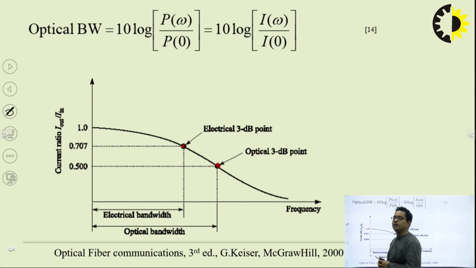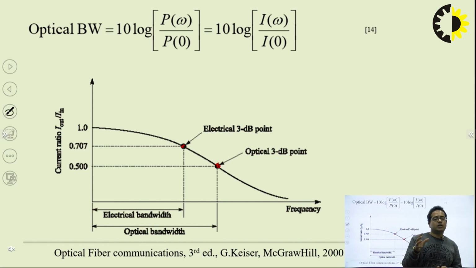Apart from that, the LED has a spectral width in the range of around 60 to 80 nanometers, whereas the laser has a spectral width of around 1 to 5 nanometers. That means it has a very narrow spectral width, which is very good if you are deciding whether this falls under the category of a good source or not.